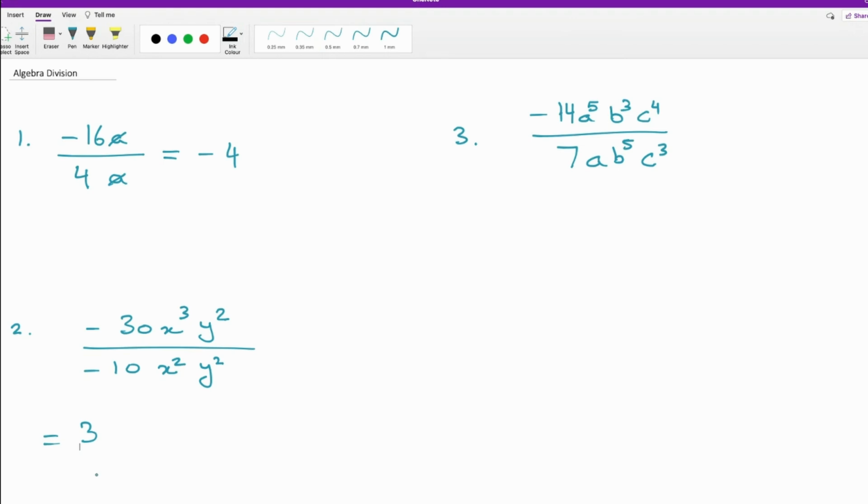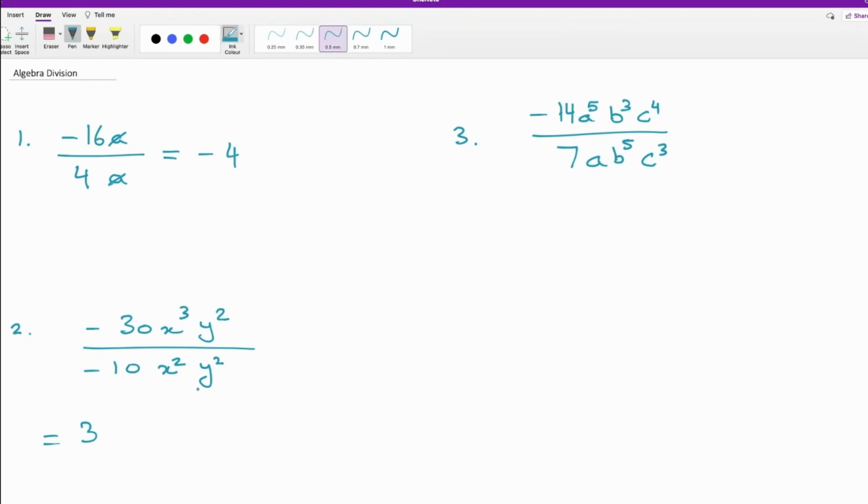The final step is having a look at our pronumerals. Now, because we're dealing with multiple pronumerals over here, let's group those like pronumerals together. So starting with the x's, we have x cubed divided by x squared. Because we're dealing with powers over here, let's first figure out where is the larger power. The larger power is on the numerator.